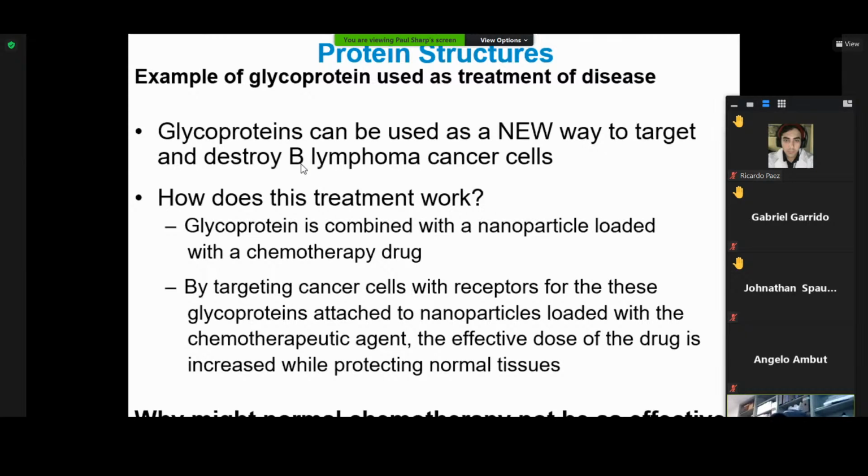So in the past, maybe like 30, 40 years ago, when somebody had lymphoma, it was pretty much treated the same way. You'd have these very, very harsh chemotherapies, and it would target all rapidly dividing cells, whether it was a B lymphoma cancer cell or it was hair cells or other cells in the body.